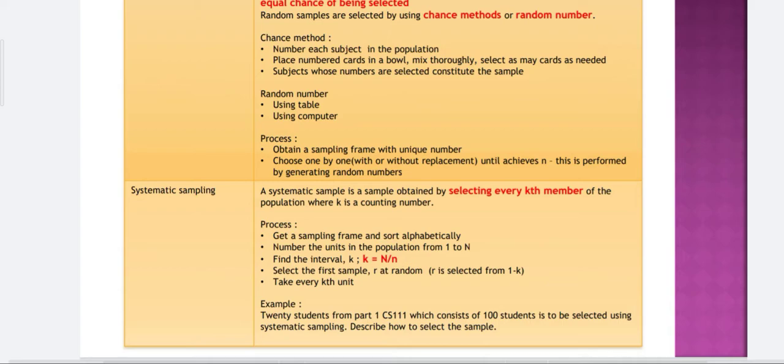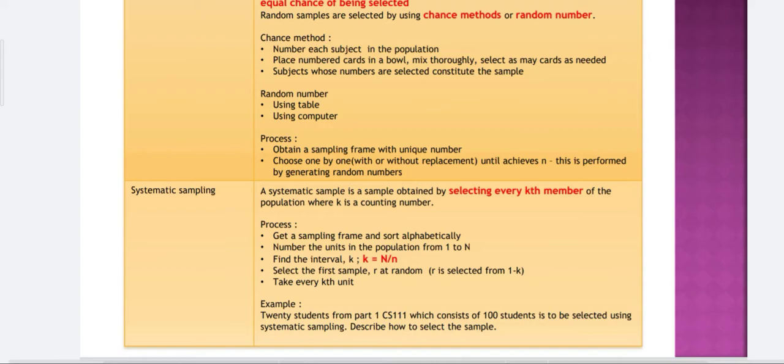Nextnya adalah tadi 2 will be the first sample, number 2. The next one will be 2 tadi, 2 plus 5. Okay, every 5th. Yang kelima, yang kelima. Tadi 2, yang kelima selepas itu adalah 7. So orang yang ke-7 will be the second sample, will be selected as the second sample.